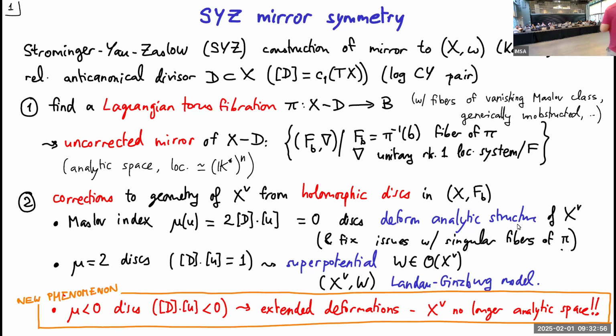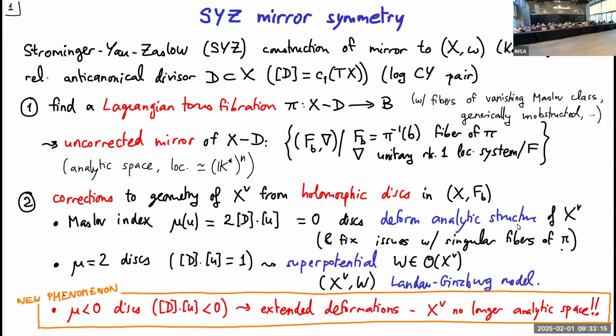And out of that, we can build a first candidate space, which I will call the uncorrected mirror of X minus D. That's a space of pairs consisting of a fiber of the projection and a unitary rank 1 local system on it.